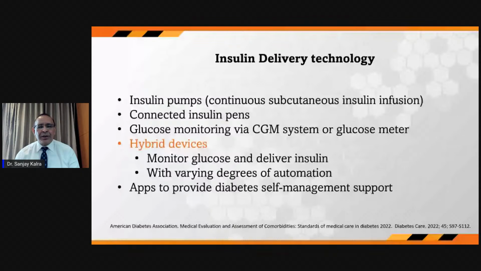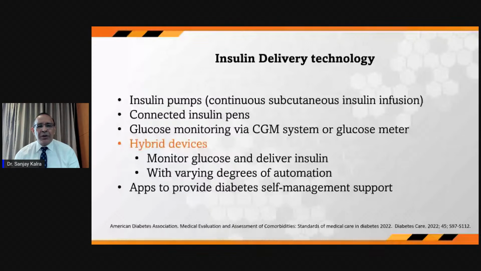They are partly automated. So a little bit of individual work is required. That is especially in terms of carbohydrate counting. You have to tell the pump how many grams of carbohydrate you have eaten or you are going to eat. So that you still have to do yourself.